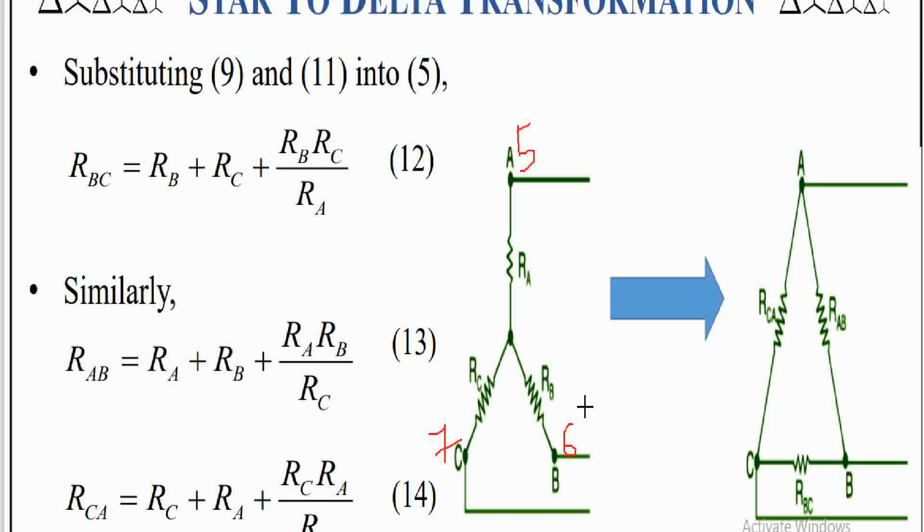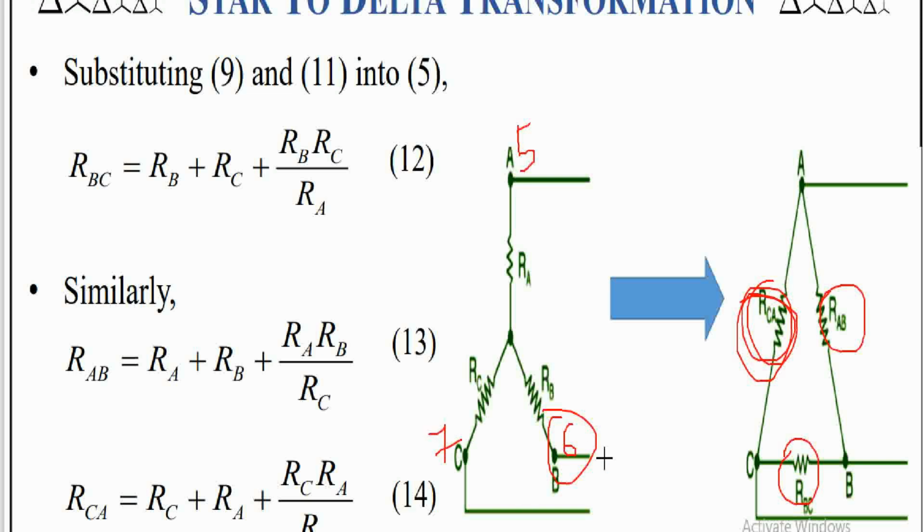And 6 by 5 and 6 by 7, you will get RAB and RBC. RAB and RBC are repeated in equation number 6. By substituting the obtained equations in 6, you will get the equation for RCA.